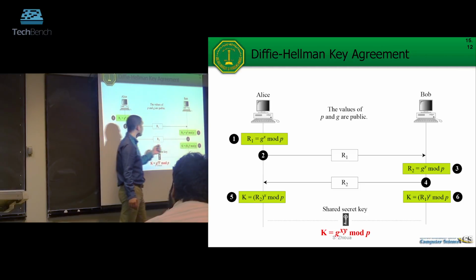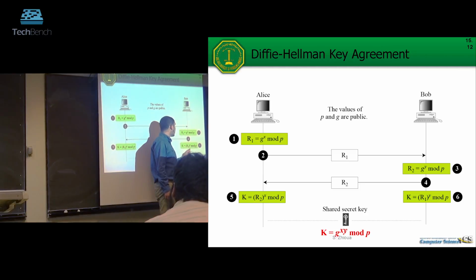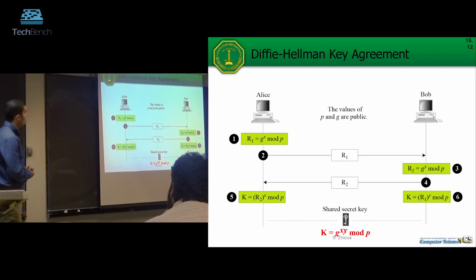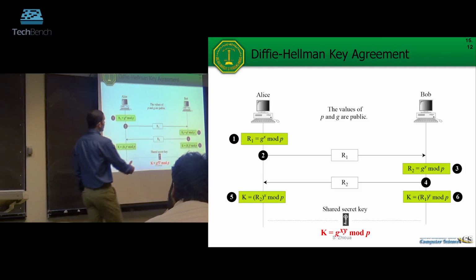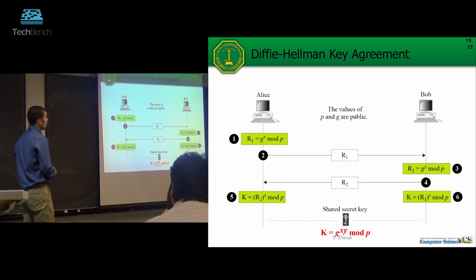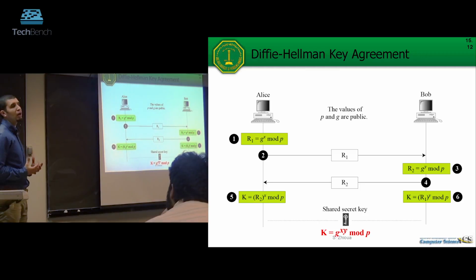If Bob does the same thing with the R1 he received, he will end up with the same value. Anybody in the middle, any attacker, will not get that secret value, because it's computationally infeasible to guess K if you just have R1 and R2. You need X and you need Y.